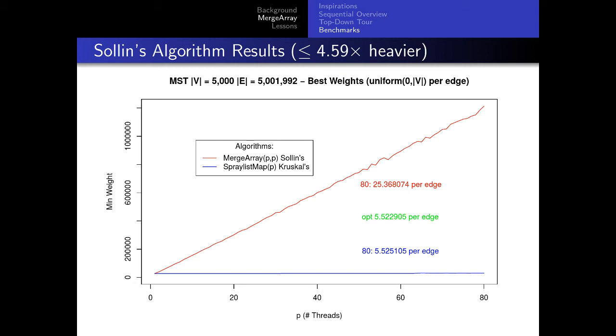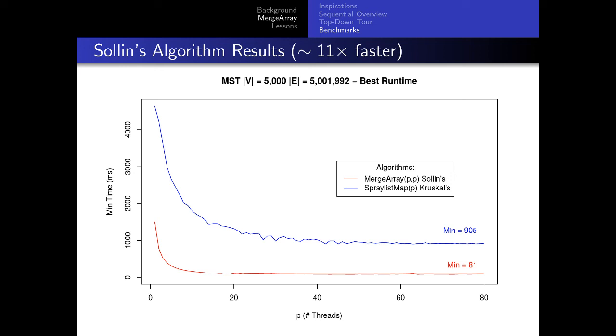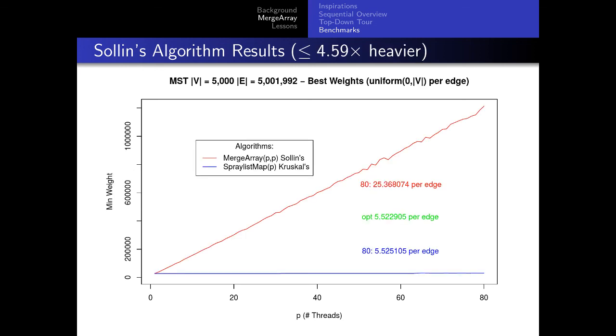So the weight of the spanning tree that my algorithm returns goes up relatively linearly with the number of threads, whereas the other algorithm is able to keep the weight a lot lower, a lot closer to the optimum. But it's only like 4.59 times heavier compared to the 11 times faster. So depending on your application, if you don't actually need the smallest spanning tree, you could get a lot of win there.